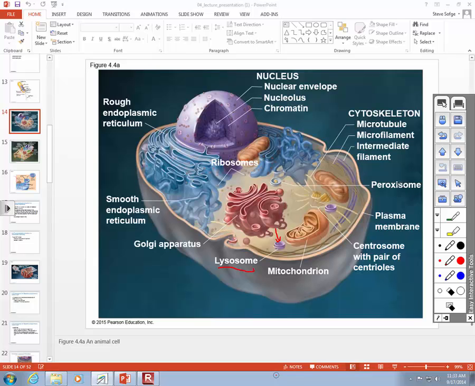So maybe I have something here that we're trying to bring into the cell. Once we bring it into the cell, it's in this vesicle, and that will fuse with the lysosome, and then it will digest whatever this particle is.